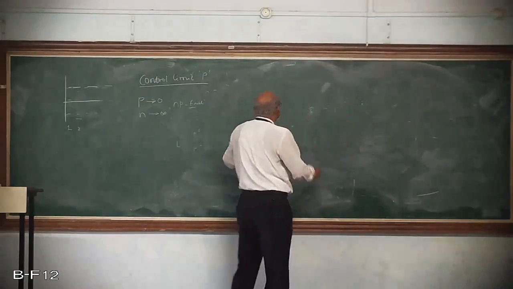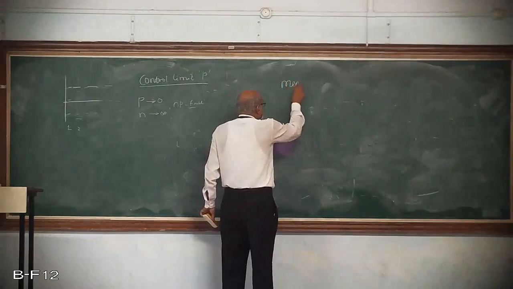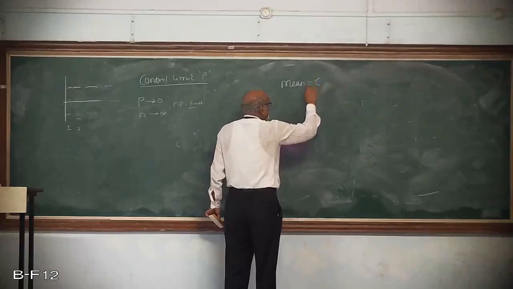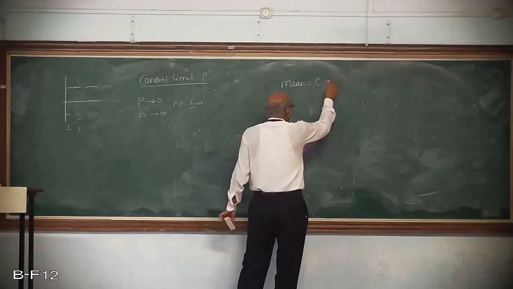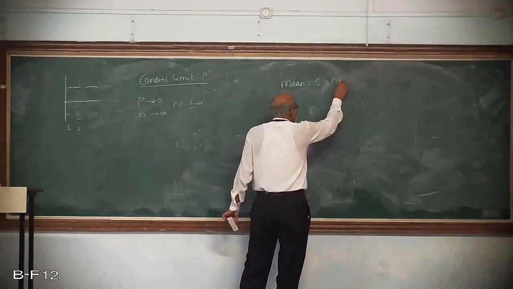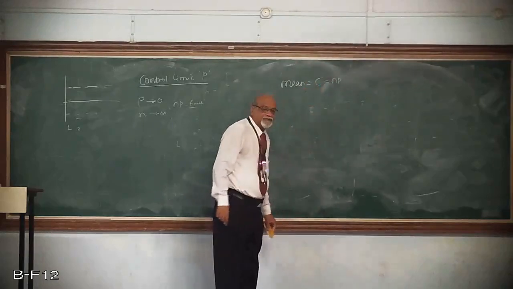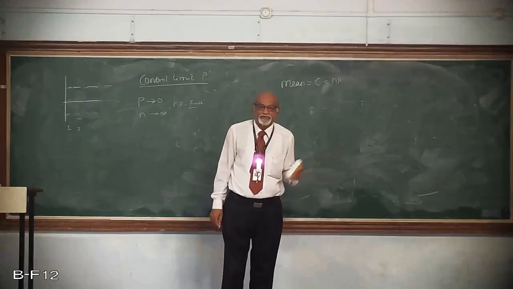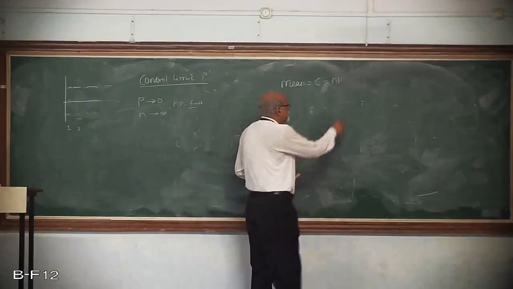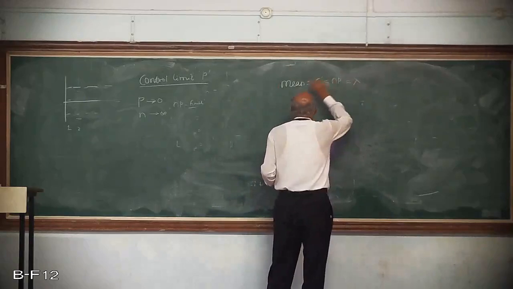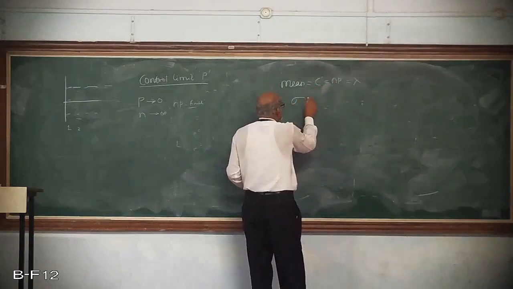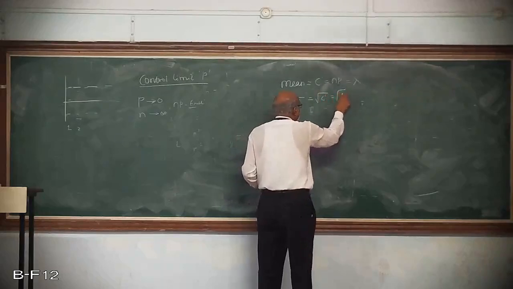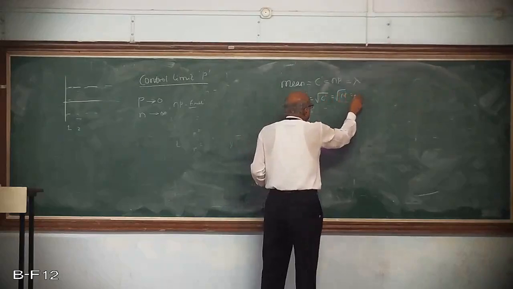Its mean is given by C prime or C bar, or also NP, the number of defects, or we call it lambda also. Standard deviation is the square root of C prime, or the square root of NP, or the square root of lambda.